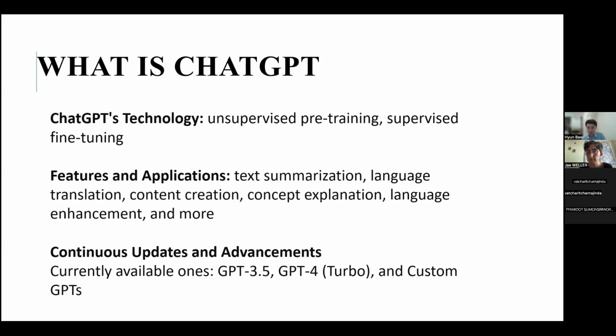It allows its users to create their own customized ChatGPT tailored to their specific needs. So now there are various versions of customized GPT available. In this workshop, I'll explain the efficiency of all these models, but I can't cover all custom GPTs because there are over 3 million GPTs nowadays.